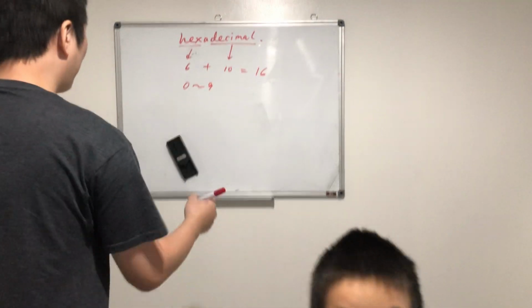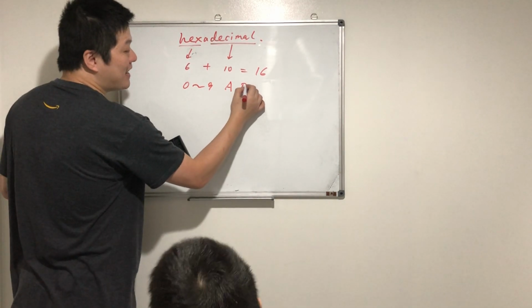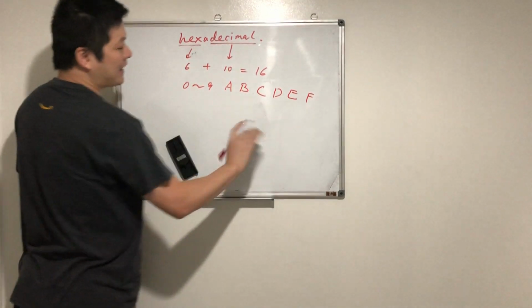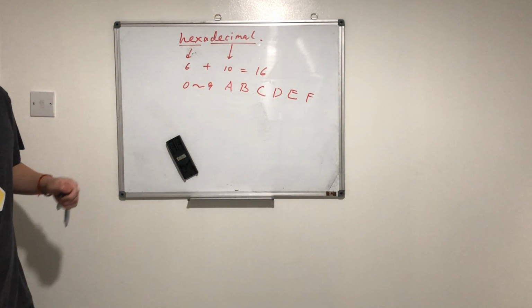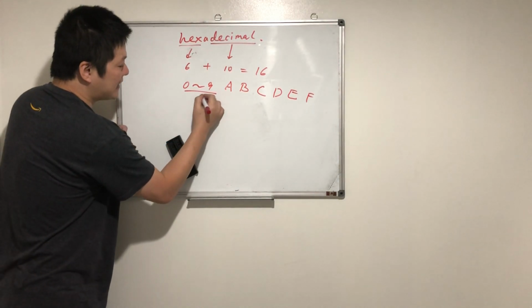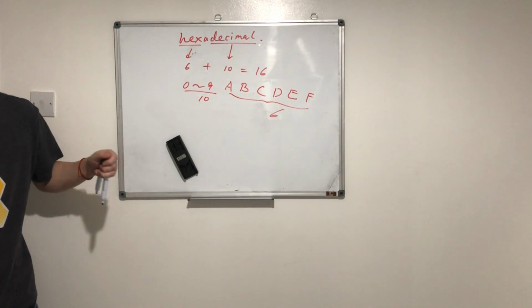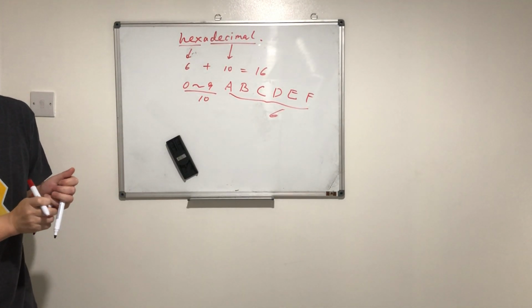So we're using A, B, C, D, E, F. We use these 16 kinds of characters to represent the numbers, so it's shorter. Do you understand?